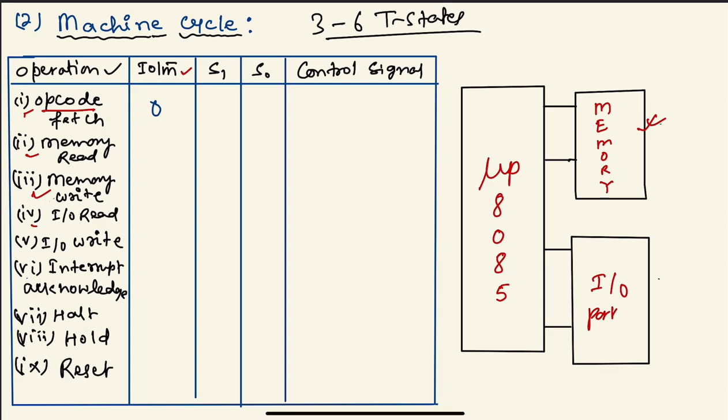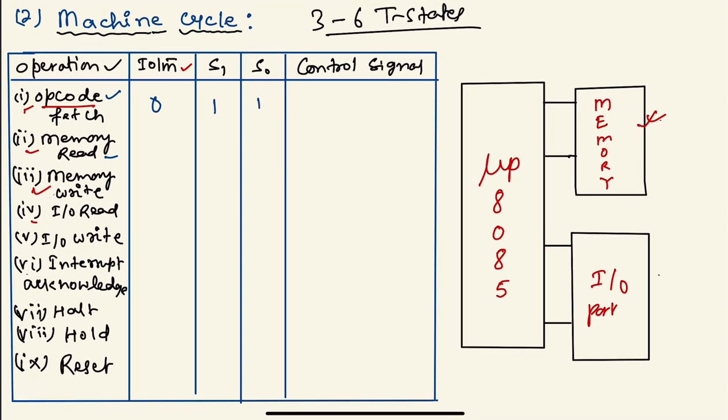There are two types of reading, opcode reading and operand reading. We differentiate them by the status of S1 and S0. While performing opcode fetch, S1 and S0 must be 1 and 1. It is a memory related reading operation.